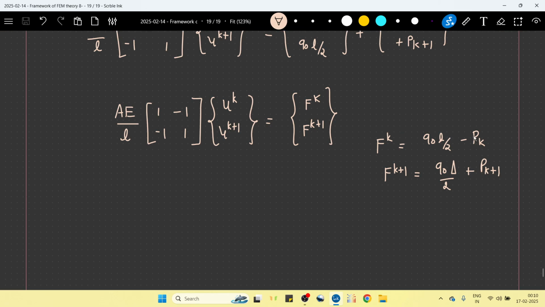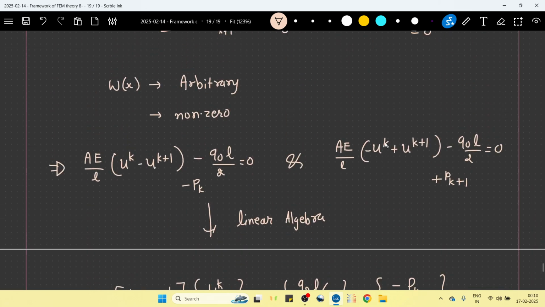Or we can also say, instead of P of K, I will say P of 0 and PL, because K is nothing but a corner node.